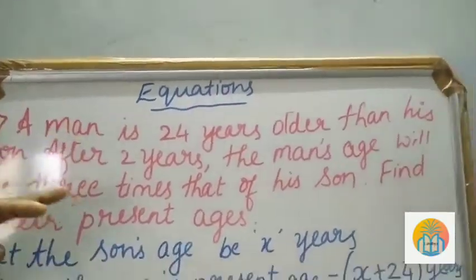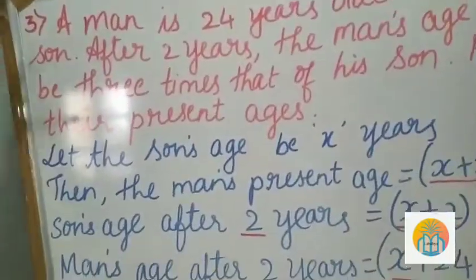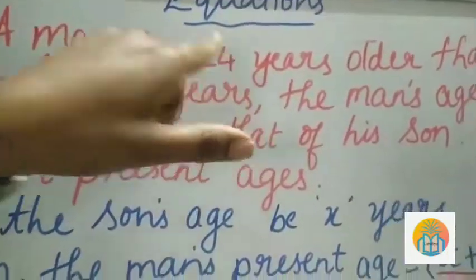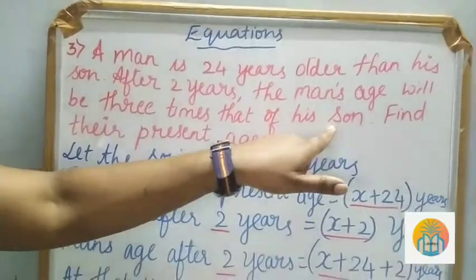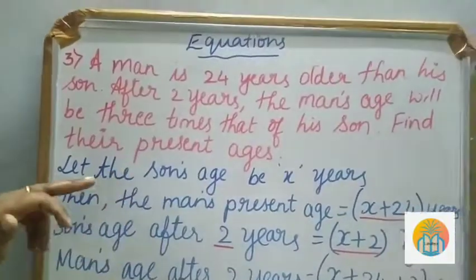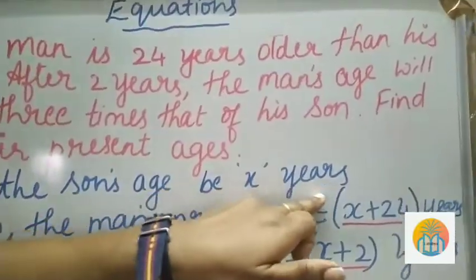So this is an application level question. Here you have to analyze the problem first. The man is 24 years older, it's given. So let us take the age of the son first. Son's age we don't know, so let us take the son's age as x years.